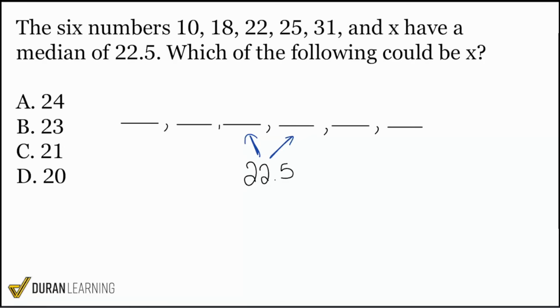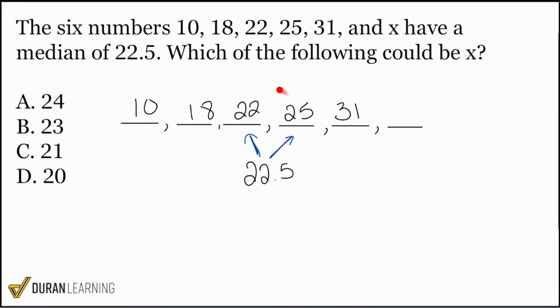Great. So if you understand that that's how we get here, watch what we can do now. Let's go ahead and place these numbers where we can. We have 10, 18, 22, 25, and 31. So I'll go ahead and throw these around. Let's go ahead and just say we have 10, 18, 22, 25, 31, and then let's say we have X. So everybody, the way things are right here as is, you tell me, if we had 22 and 25 in the middle, so like let's assume that X was something like 31 or bigger, so it's all the way over here.